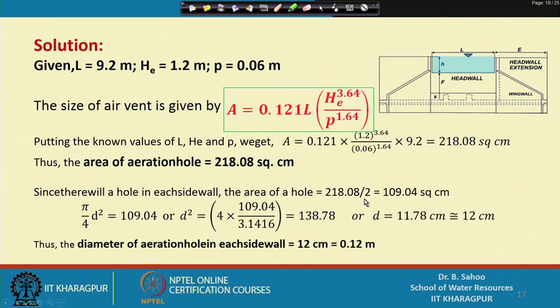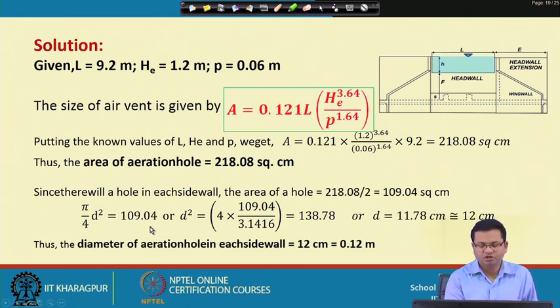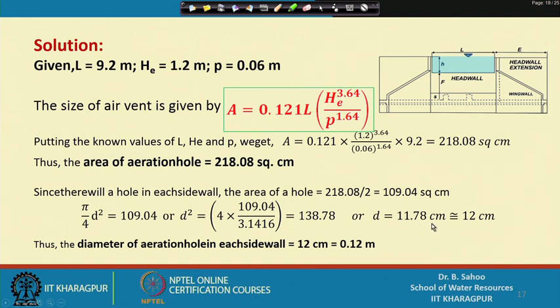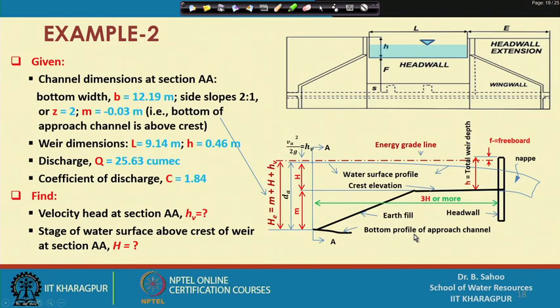So, if you divide it by 2, then you will get 109.04 square centimeter, and that is equal to pi by 4 d square, where d is the diameter of the hole. So, pi by 4 d square will be equal to 109.04. From this you will get d equal to 11.78 centimeter, or approximately 12 centimeter or 0.12 meter.